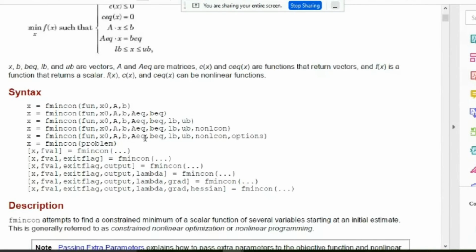Then Aeq is again a matrix representing the left hand side coefficients of the variables of the linear equality constraints. beq is a vector representing the right hand side constants of the linear equality constraints. Then lower bound is again a vector, and upper bound is again a vector. Then nonlinear constraint: whatever m file you wrote regarding the nonlinear constraints, we have to recall that m file here.